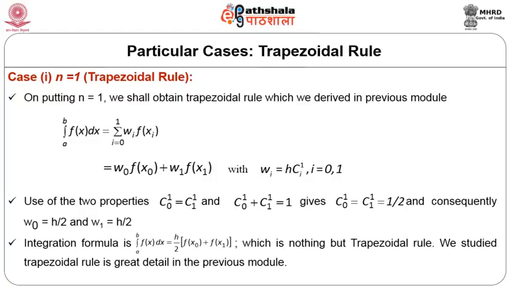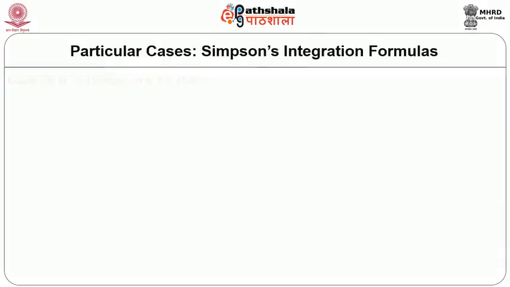We can use these two properties: 1C0 is the same as 1C1 and their sum has to be 1. So we get 1C0 equal to 1C1 equal to half. And so the formula is the integral from a to b of f(x) dx equals h/2 times f(x0) plus f(x1), where h is b - a. That is the same as the trapezoidal rule, which we had derived in our previous module from scratch.